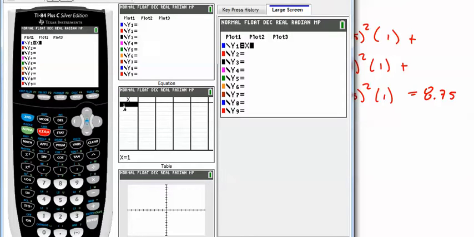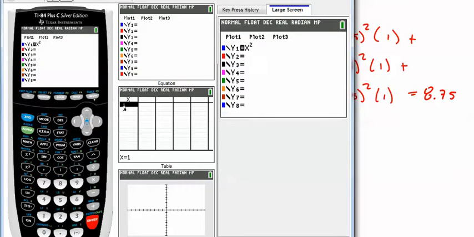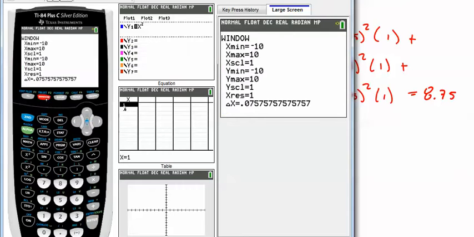X squared. And then I graph it, and I'll pick the window. It's going to go from just off screen, -1 to 5. And I'll do a y min of -1 again, just off screen. And if we're going up to 3, the highest it'll get is 9, so 10 is actually good.